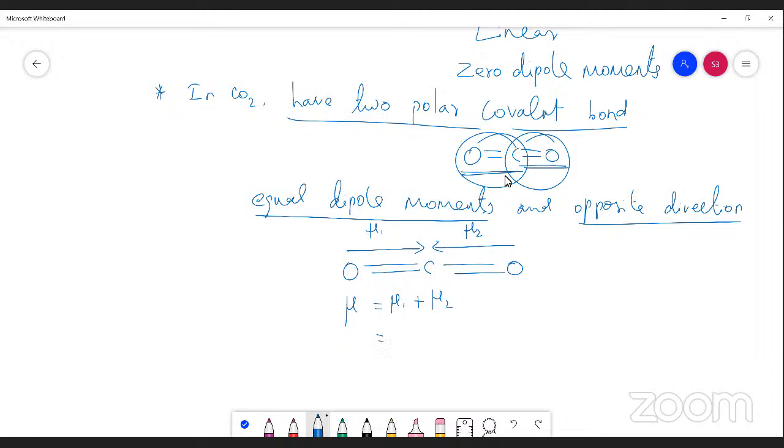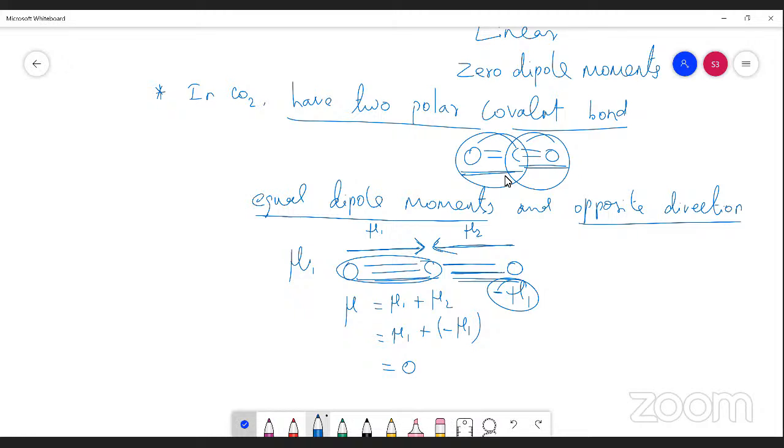The net dipole moment mu is equal to mu1 plus mu2, where mu1 is equal to mu1 and mu2 is equal to minus mu1, because in this bond the vector points from oxygen towards the carbon, and in the other bond the vector also points from oxygen to carbon, in the opposite direction. So mu2 equals minus mu1, and the net dipole moment of carbon dioxide is equal to 0.